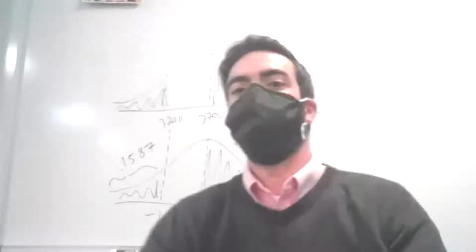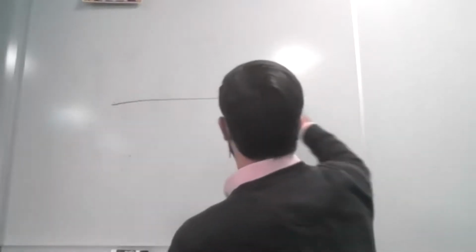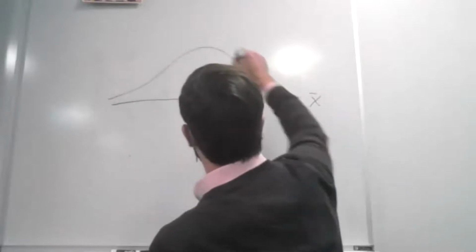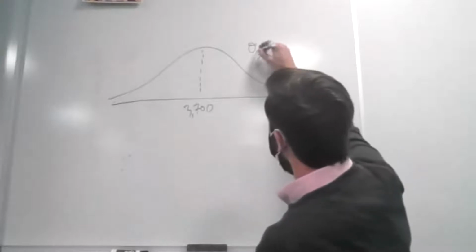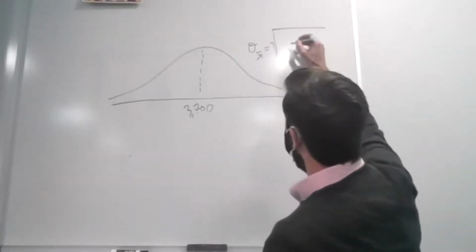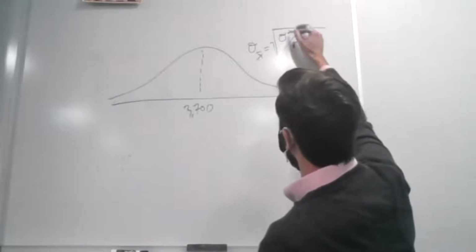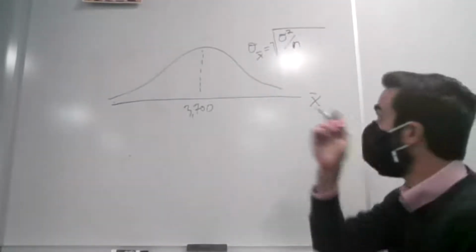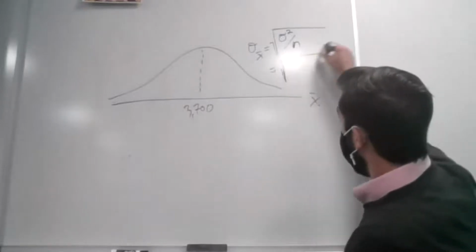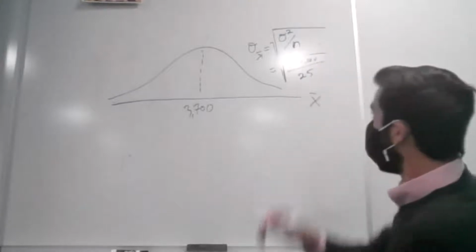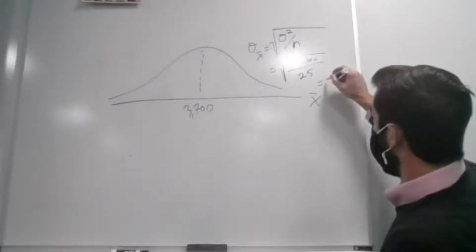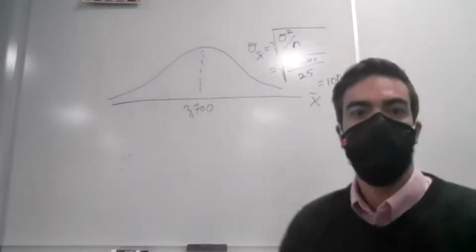So the distribution of our sample means should be normally distributed around whatever that original population mean was, and our standard deviation would be the square root of the original variance over our sample size. So the square root of 250,000 over 25? I think this is 100. I'm looking at this in my head.